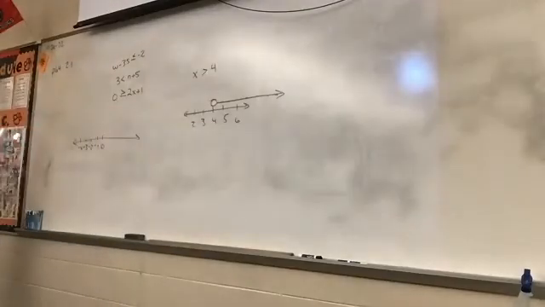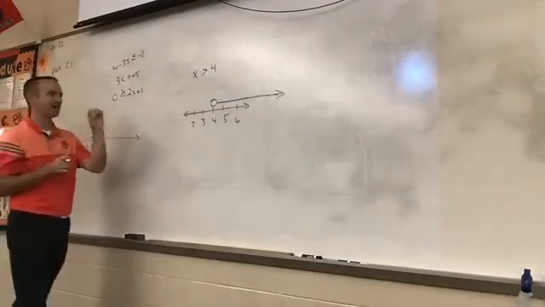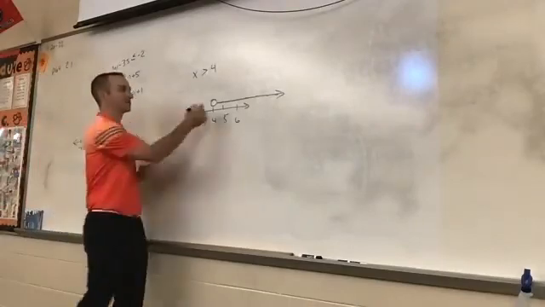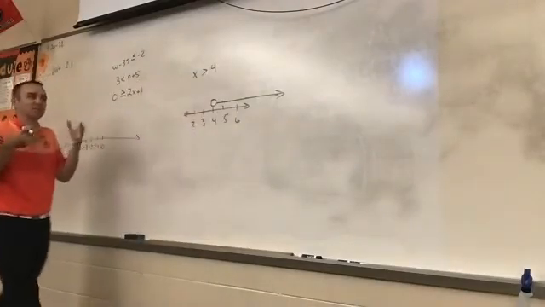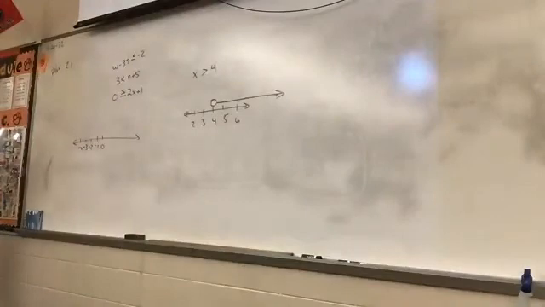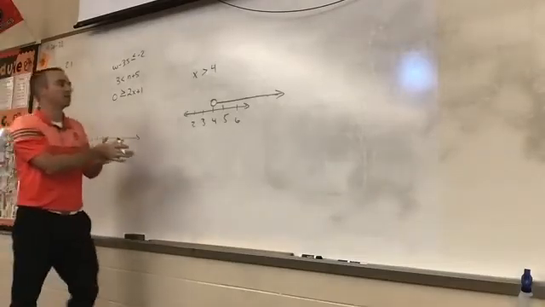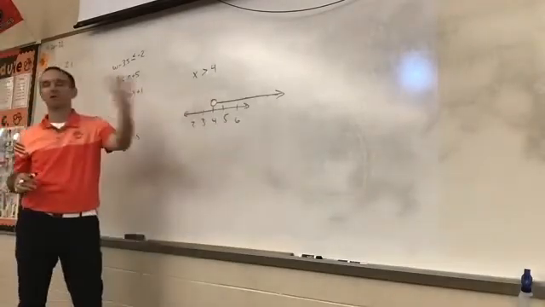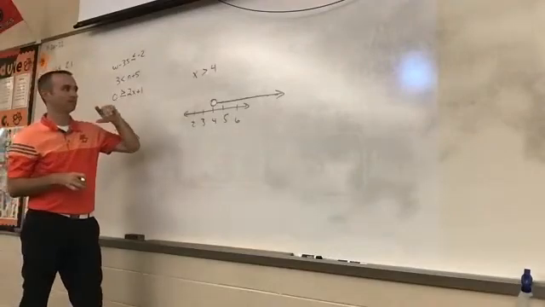The arrow tells us that it is a solution above that. We need the circle there because we can't just start our arrow at 4.000 whatever, because we can always get closer to 4. There's an infinite number of numbers in there. So we put that circle saying, all right, 4 isn't, but everything bigger than that is.